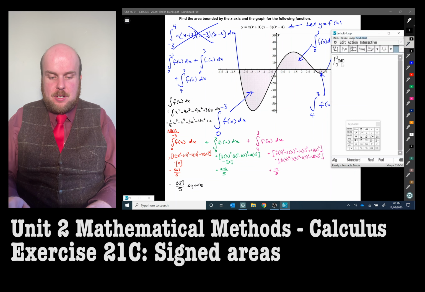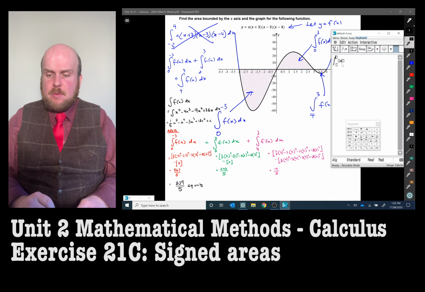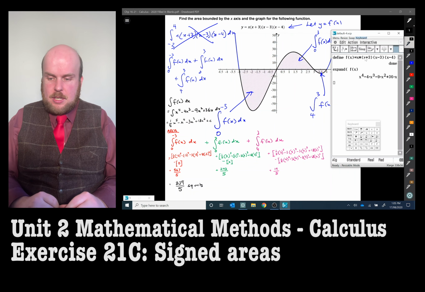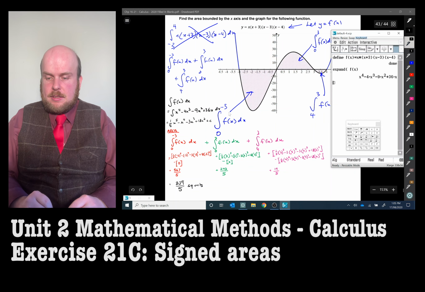So what we're going to do is just double check all of our answers, because even I'm not terribly sure. Actually, before we do that, let's define our original function, shall we? Which was x times x plus 3 times x minus 3, x minus 4. Let's just make sure that works. Good. Just making sure that I expanded everything correctly. Yes, good.